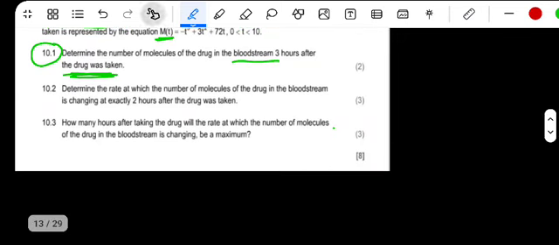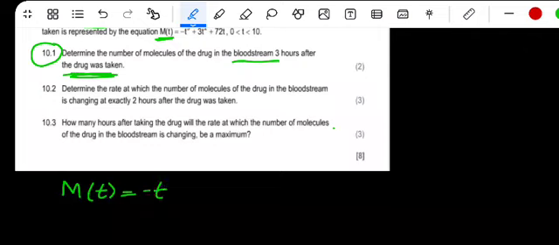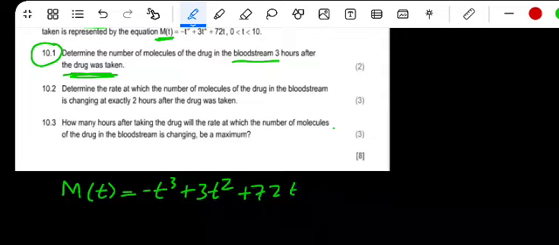So we have M(t) = -t^3 + 3t^2 + 72t, where M(t) is the number of molecules.